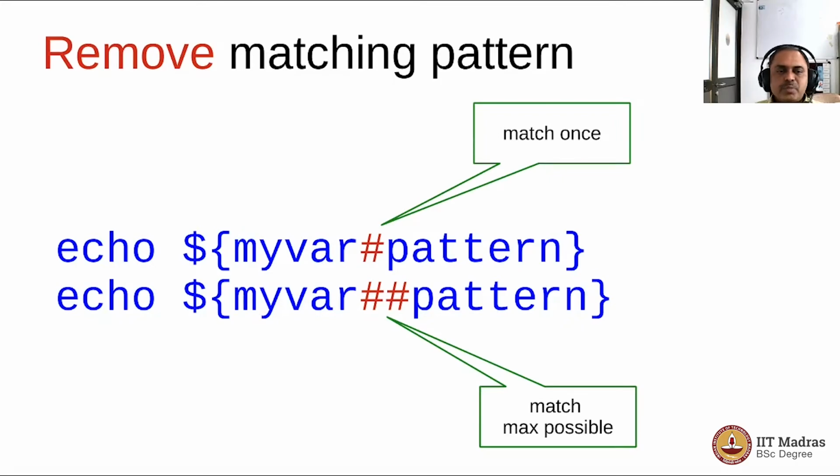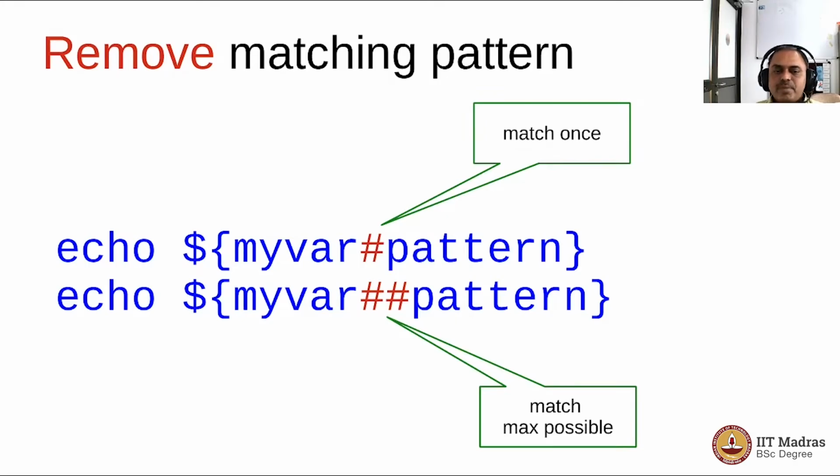If you would like to match a pattern within the value of a shell variable and print whatever is not matching, then that can be done using the hash symbol. The pattern can be similar to the regular expressions that we will be learning later on, but it could just be a dot and a star so that you could look for file name extensions or parts of a particular file name.